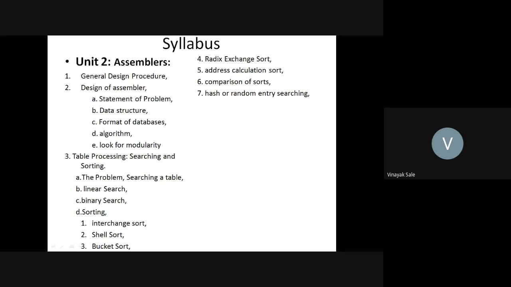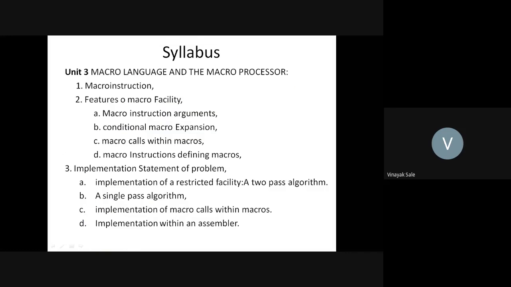Then the third unit, that is macro language and the macro processor. So in this we will see macro instructions. Then what are the features of macro facility? In that: macro instruction arguments, conditional macro expansion, macro calls within macros, macro instructions defining macros.